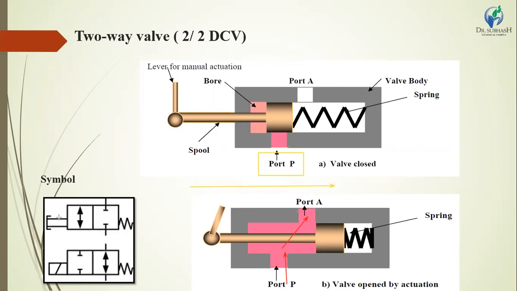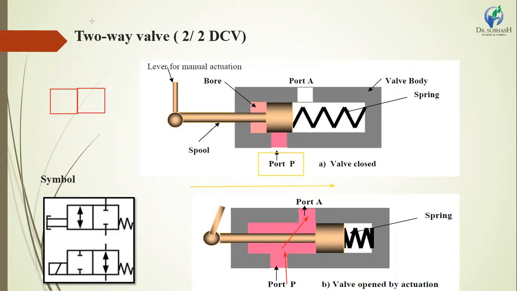Here the symbol is also mentioned with square blocks that we have to draw. First we draw a square block for any direction control valve, then after that we put another square block for the direction control valve.